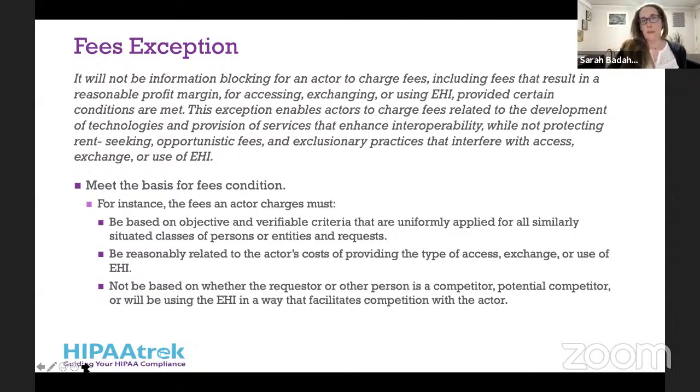So it must be an objective and verifiable criteria that is applied across the board. They can't say this hospital is going to pay this much, this hospital is going to pay that much. That's the fees exception, that you're allowed to charge a fee.